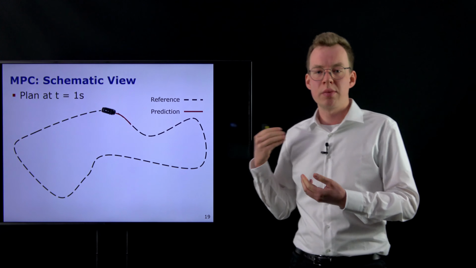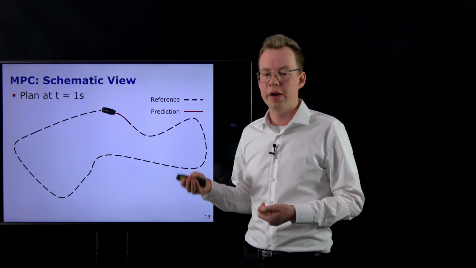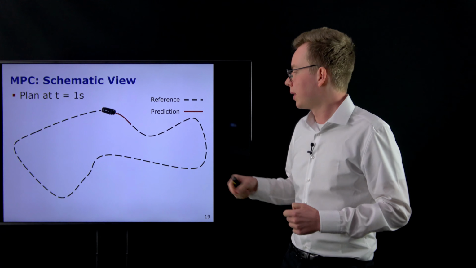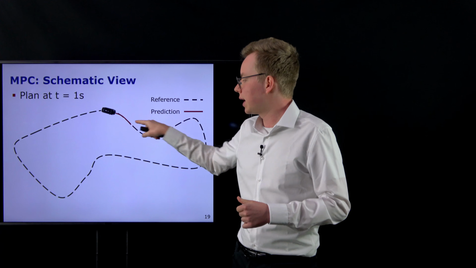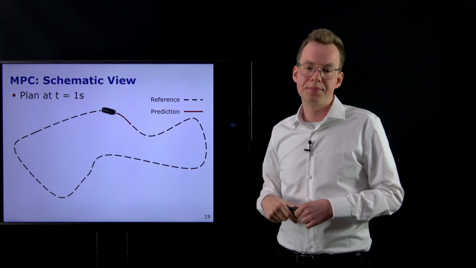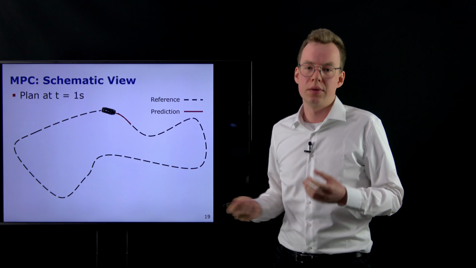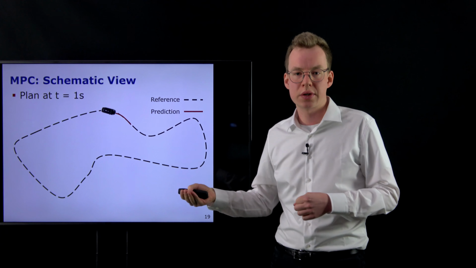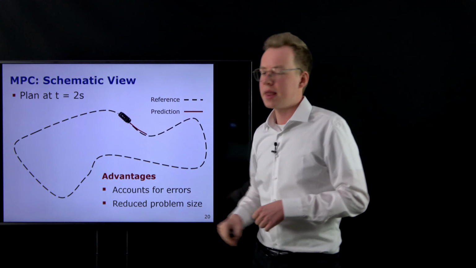We may not exactly end up where we planned to be, but we will hopefully be close if we have a reasonable model. Because we measure again and replan from here for the next 50 time steps, we are able to capture these errors because we always query the system for the true state. So we replan from here and get the next trajectory.